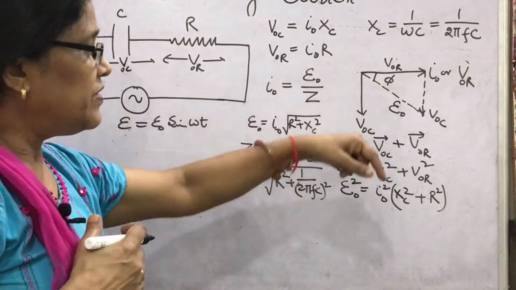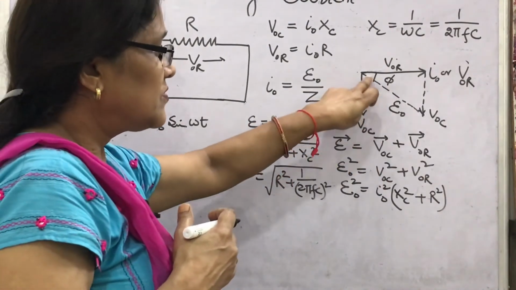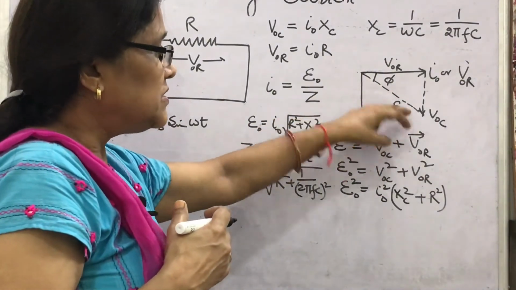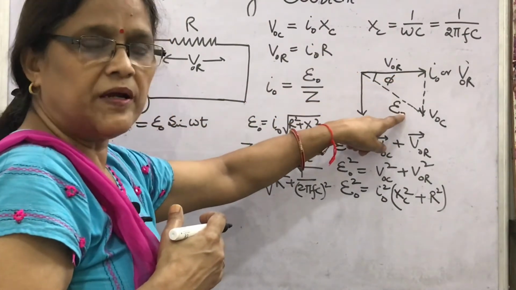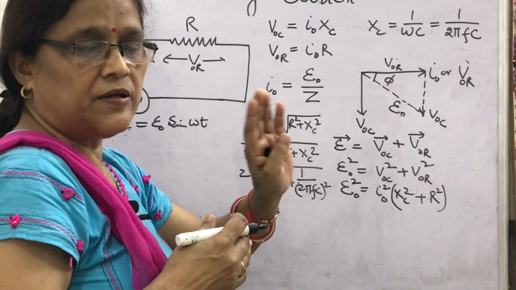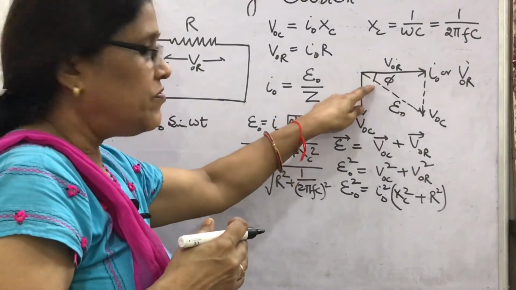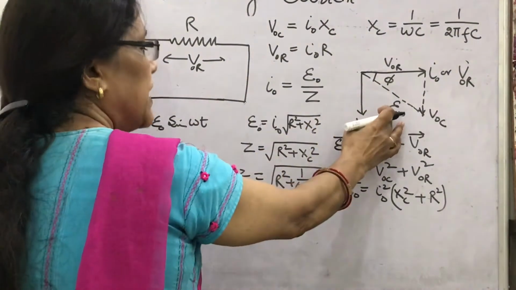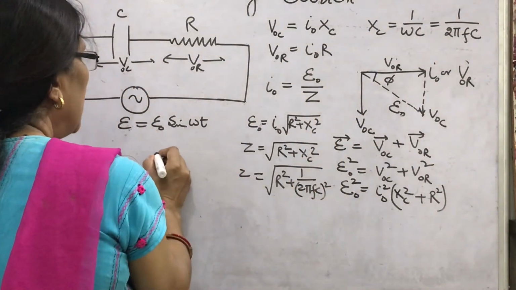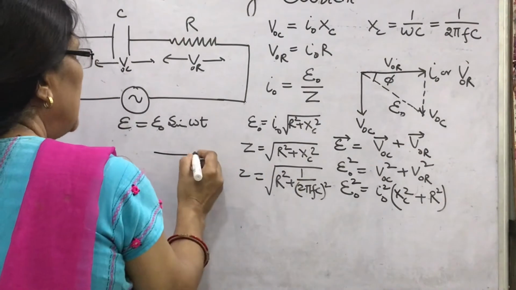We observe that the applied voltage is lagging behind the current. Look, this is the current, this is the applied voltage, but not by pi by 2 radian, by the angle phi.